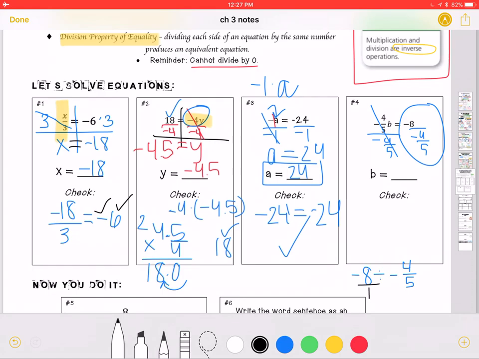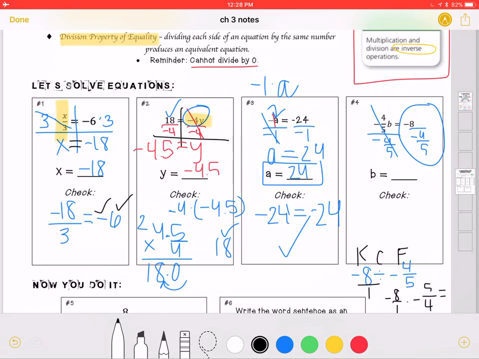Well, first I want to rewrite this as a fraction, which would be -8 over 1. And then we're going to do keep, change, flip, KCF. Remember those rules from chapter 2. So keep negative 8 over 1, change it to multiplication, flip it to 5 over 4.